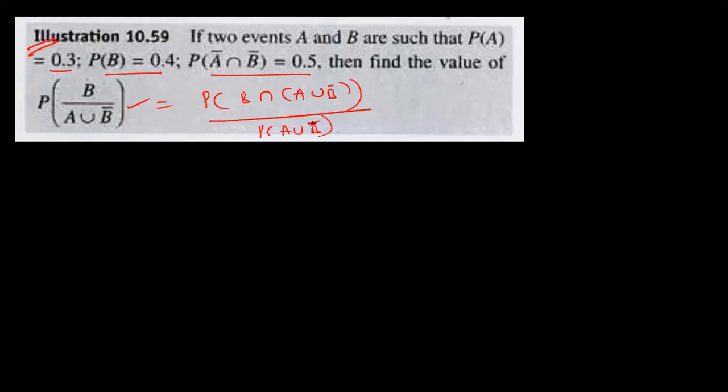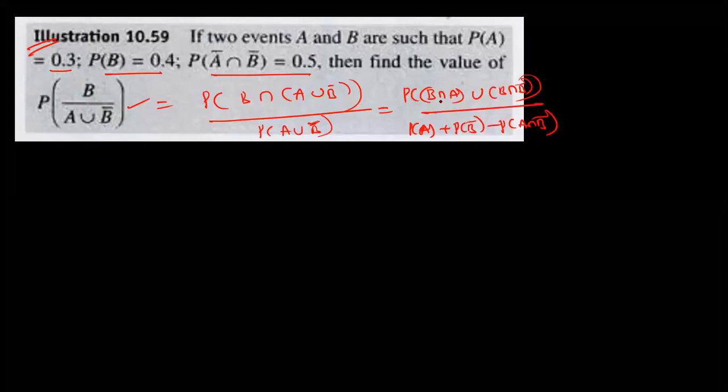That's all. Apply the distributive property: B intersection A union B intersection B bar by the total, by the addition theorem, P of A plus P of B bar minus P of A intersection B bar. That is the logic. Try.